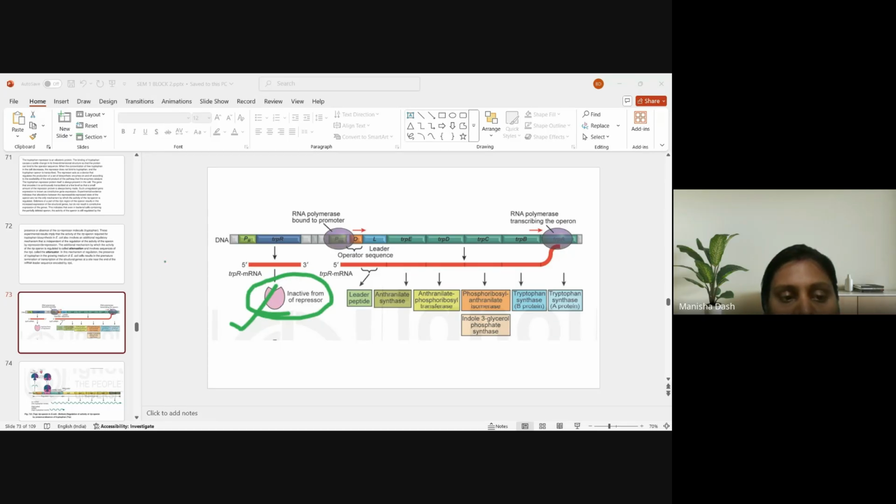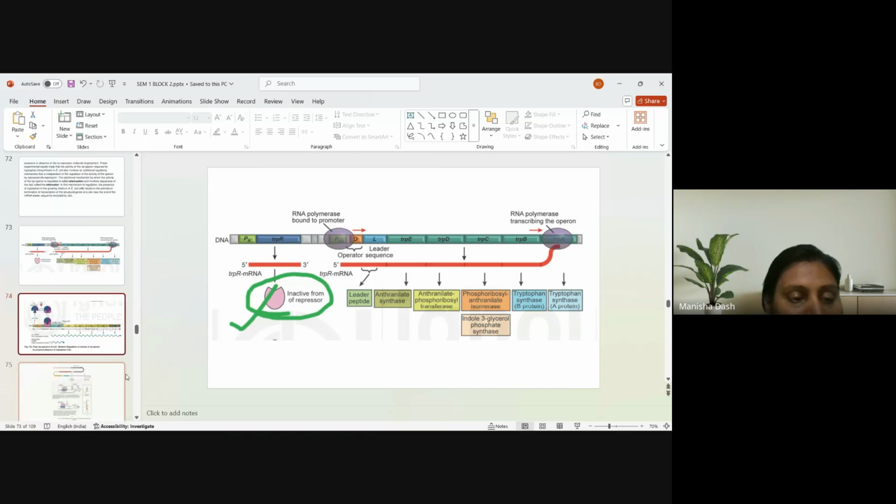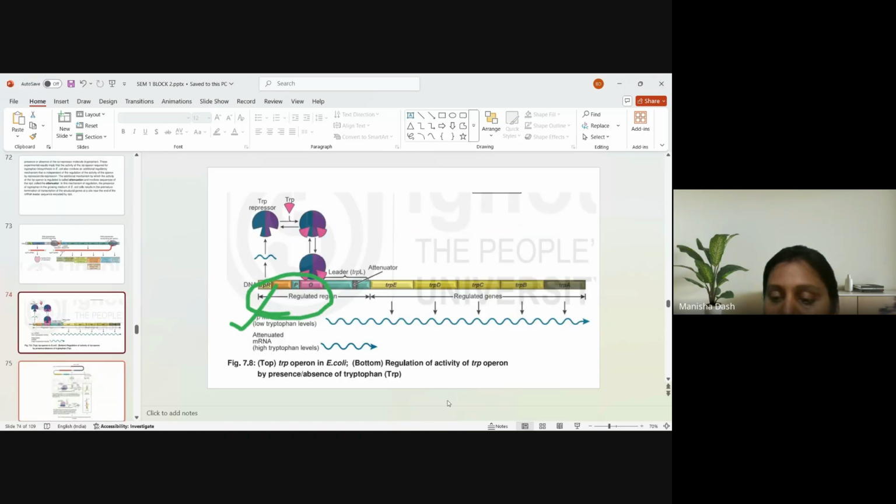So in absence of tryptophan, the mRNA synthesis is continuing. But as the tryptophan accumulates in the environment, what will happen? Now the tryptophan will act as an activator for the repressor. So it will go and bind to the repressor. So this will make the repressor active from the inactive form.